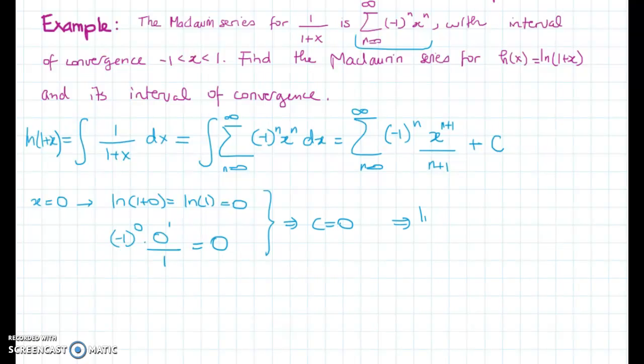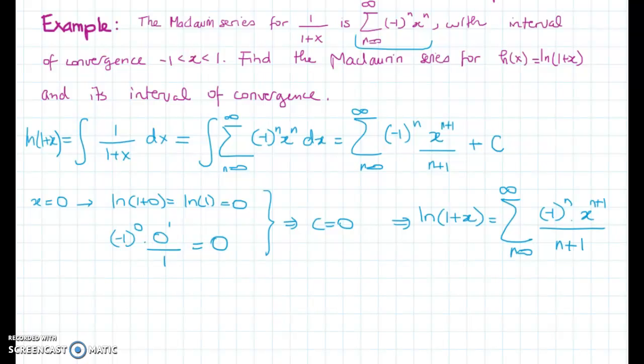So for our function, the natural logarithm of 1 plus x, we found the associated power series summing from 0 to infinity, negative 1 to the power of n, x to the power of n plus 1, all of this divided by n plus 1.